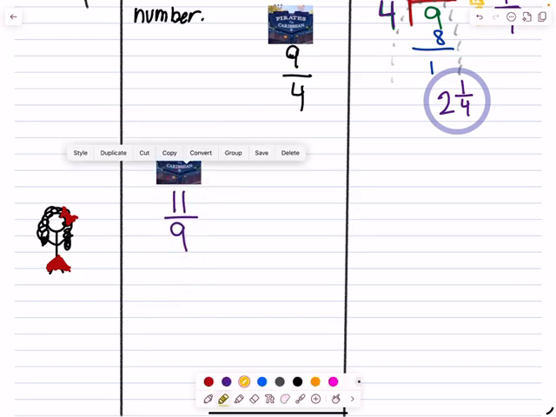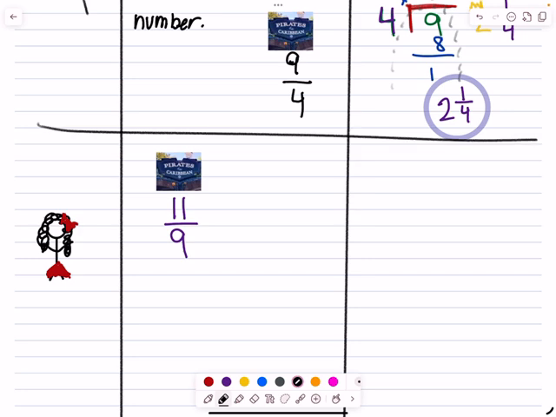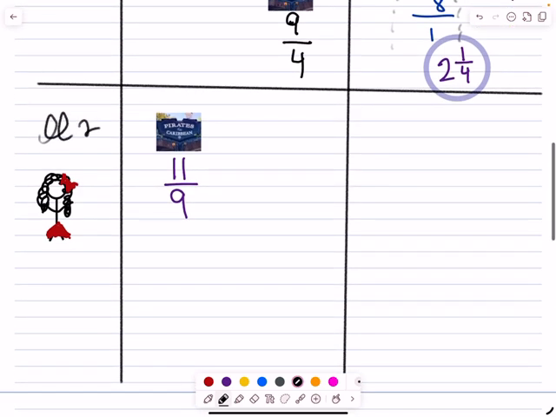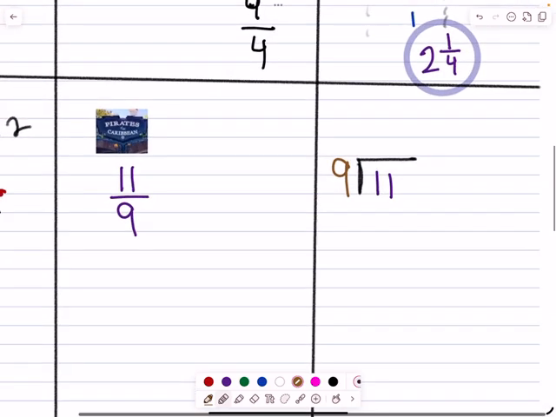Pretzel 2. And the boat. So who goes in the boat first? 11. 11 goes in the boat first because 11 goes inside the ride first. Okay. 11 is here. And who's patiently waiting outside? 9. Hopefully I get to go on soon.